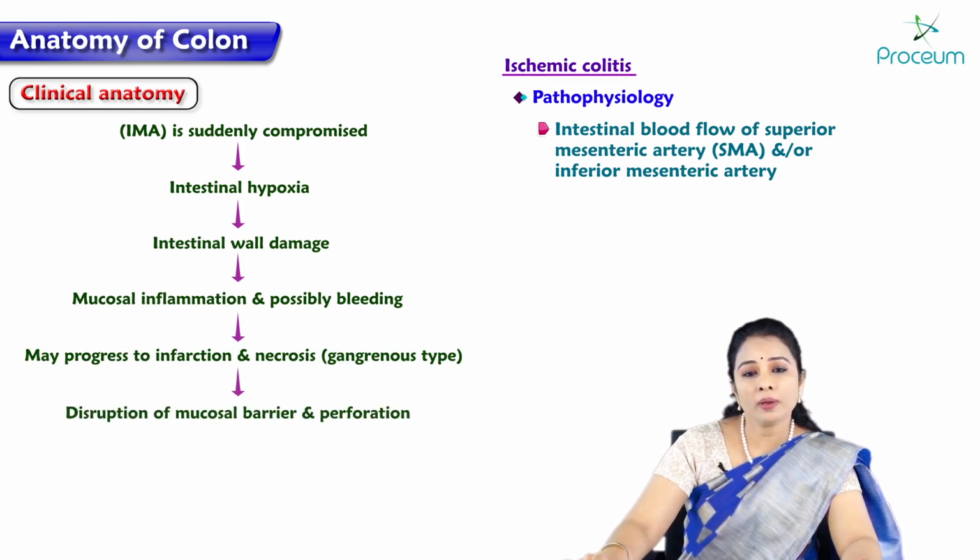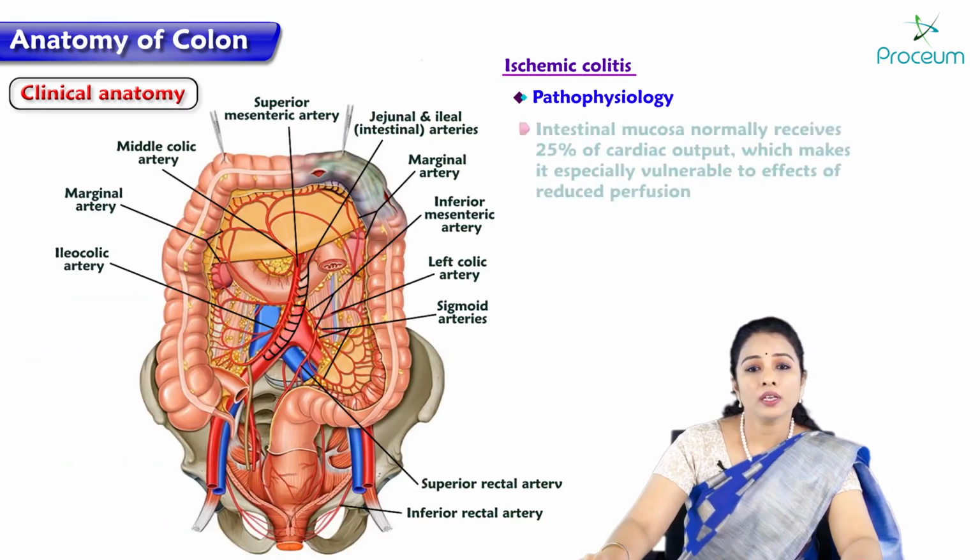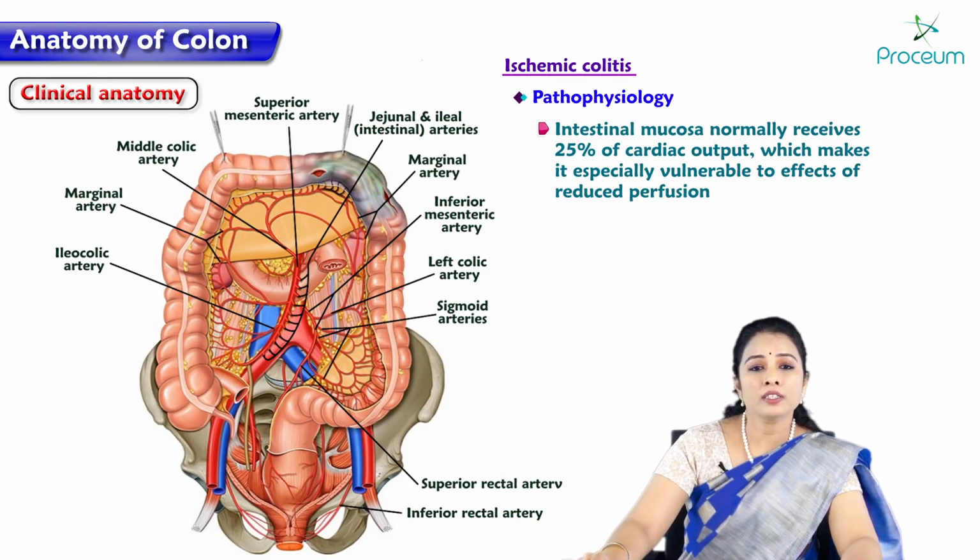Disruption of the mucosal barrier and perforation cause the release of bacteria, toxins and vasoactive substances, leading to life-threatening sepsis. Intestinal mucosa normally receives 25% of cardiac output, which makes it especially vulnerable to the effects of reduced perfusion.